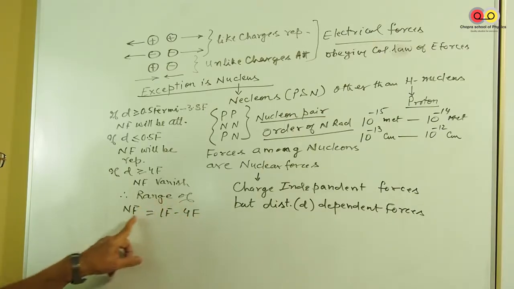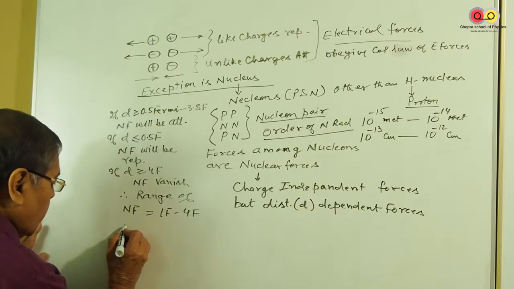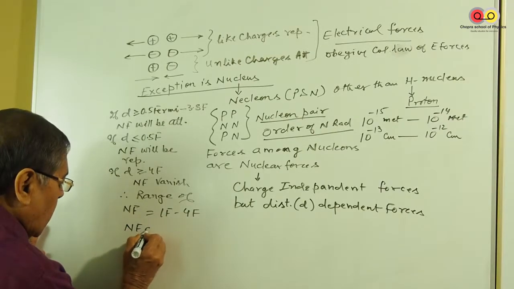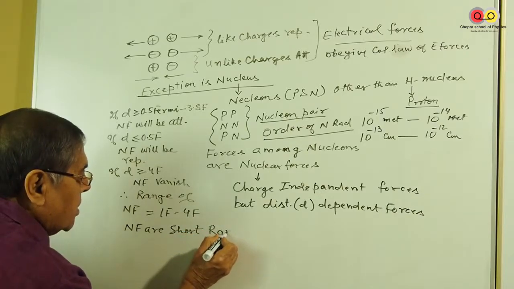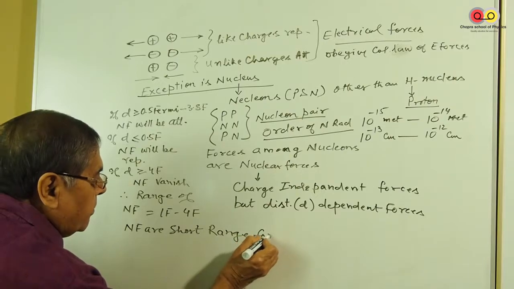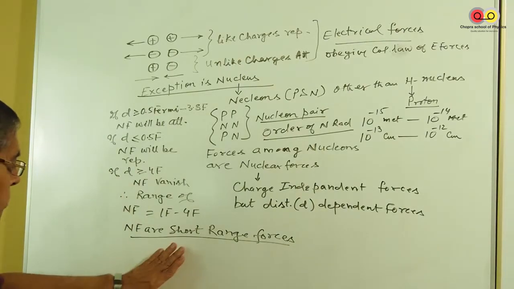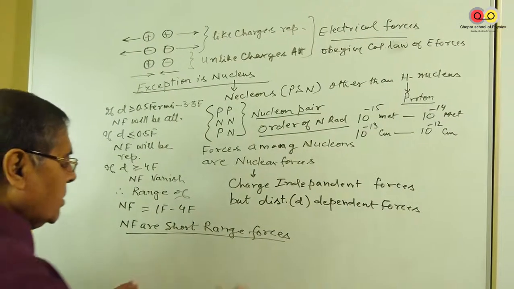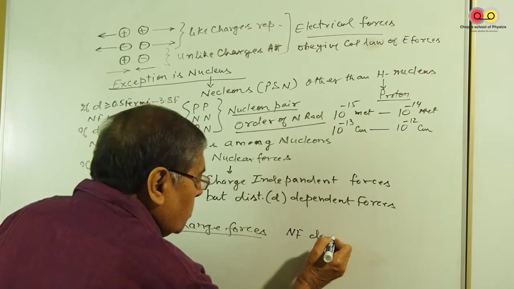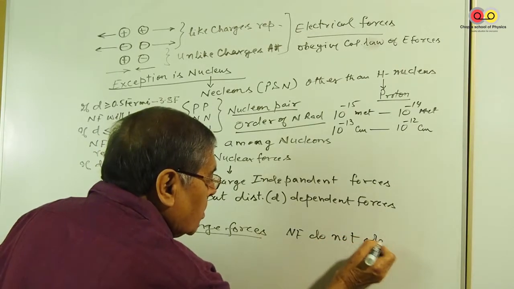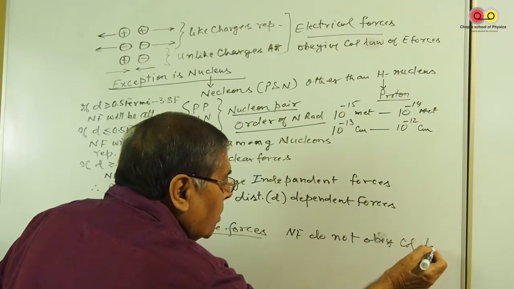So the range of nuclear forces is 1 Fermi to 4 Fermi, and we will say nuclear forces are short range forces. So they do not obey Coulomb's law.